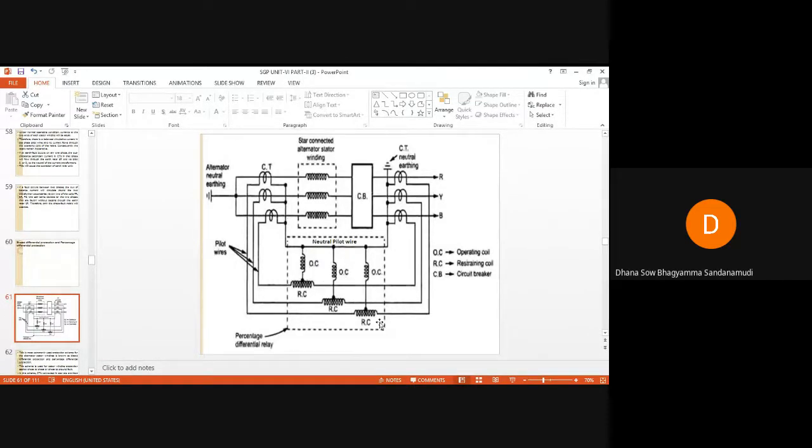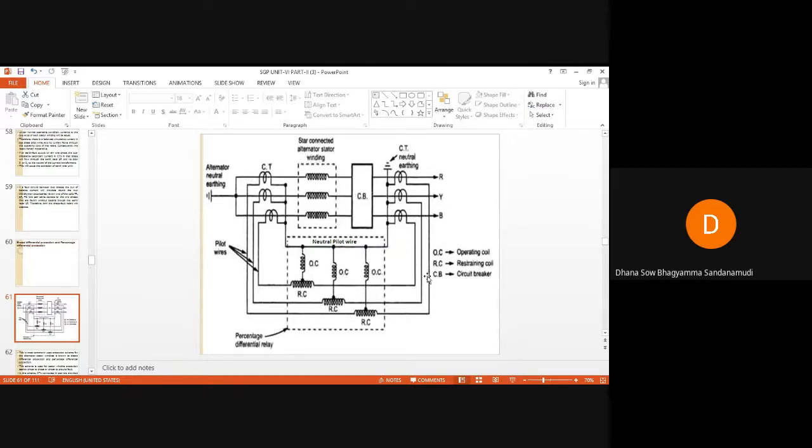Of course, here three phases are there. If there was only one phase, I might have told you I1 minus I2 current will flow through the operating coil. But since there are three phases, we have to distinguish between the differential currents if I am using some notation. So I will not use any notations.